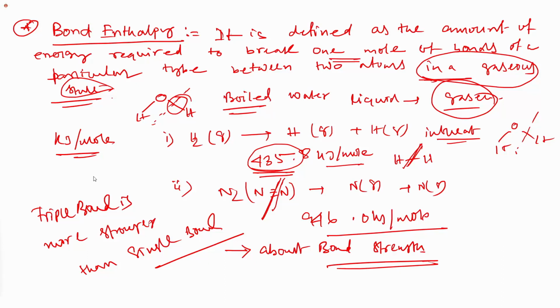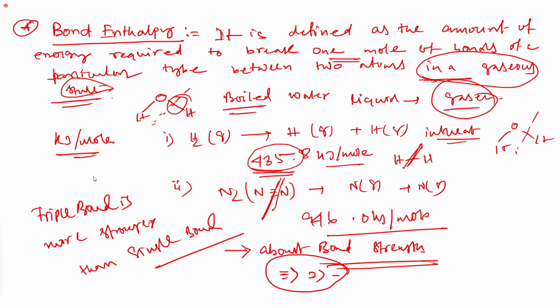Okay, so there are various types of bonds: single bond, double bond, triple bond. Generally, the bond strength order is triple bond greater than double bond greater than single bond. To break a triple bond, we need high energy. To break a double bond, we need lower energy than the triple bond. And to break a single bond, we need lower energy than the double bond and the triple bond.